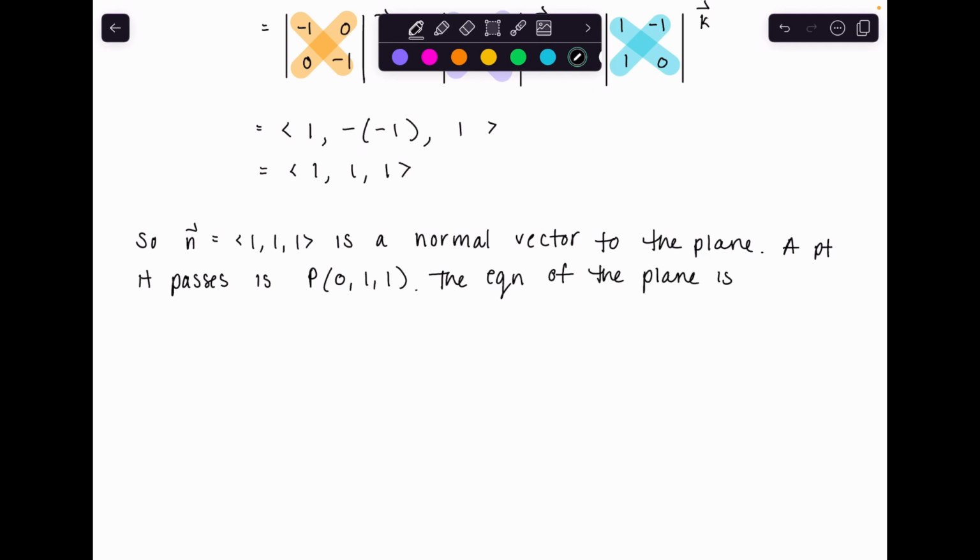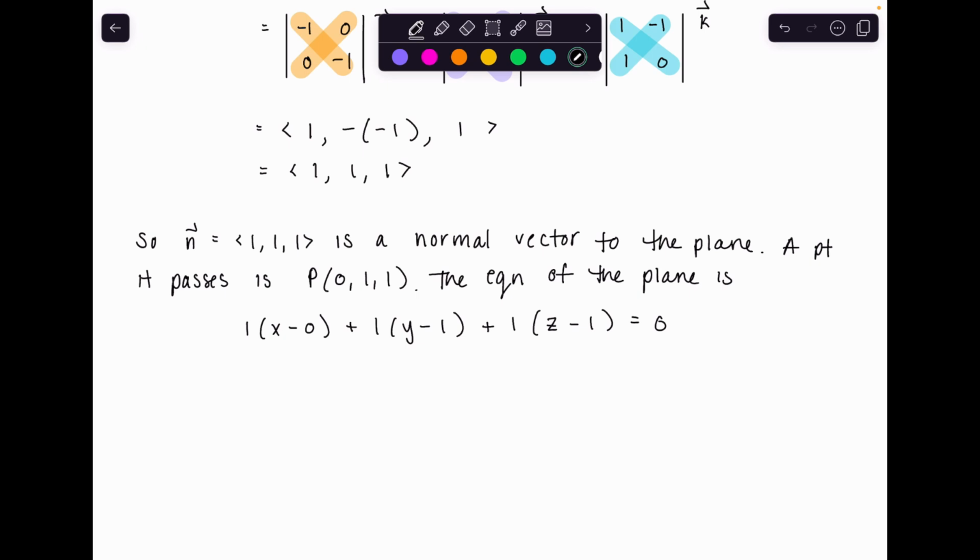is the following. At this point, I won't do the dot product. Our normal vector is 1 times x minus the x coordinate of the point, plus the middle component of the normal vector times y minus the y coordinate of the point, and then 1 times z minus the z coordinate of the point.